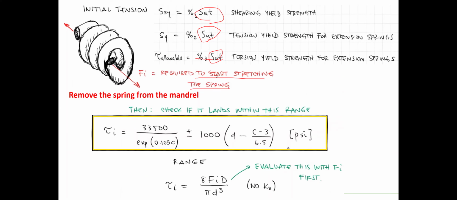When removing the spring from this mandrel, the Fi is applied. Then check if it lands within this range. By experiment, we define the initial shear stress due to this Fi, with the English units.